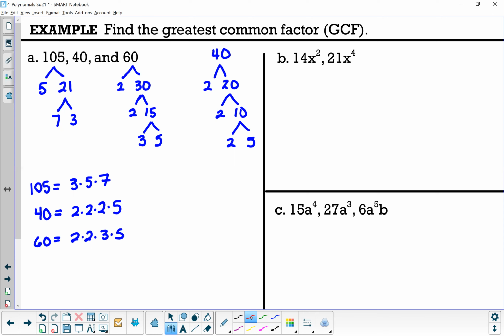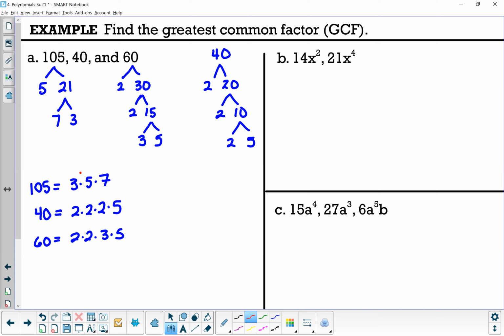Now let's look to see what is in common. 105 has a factor of 3. 40 does not, but 60 does. So that means 3 is not common. Next, 5 is a factor for 105. It's also a factor for 40, and it's a factor for 60.